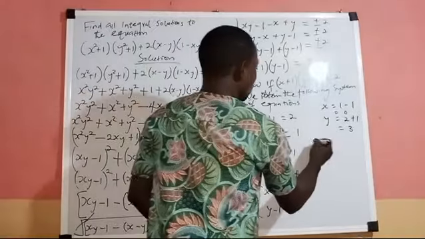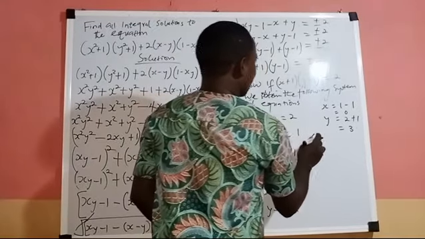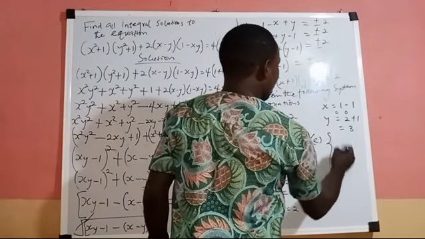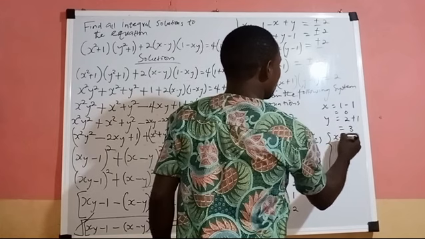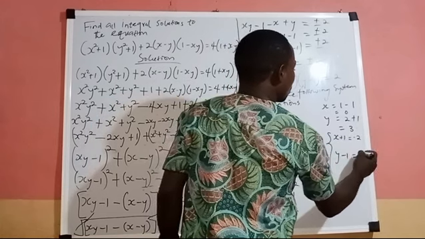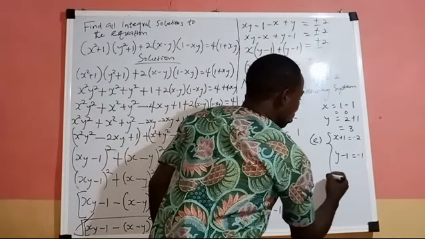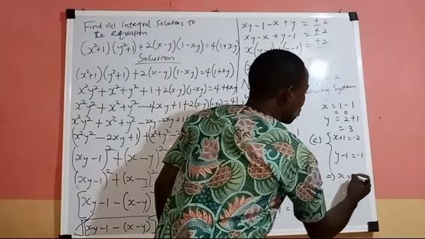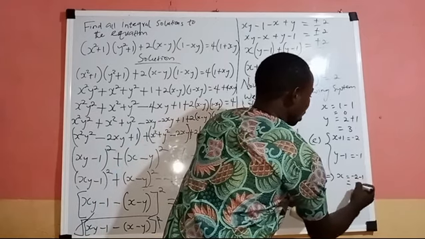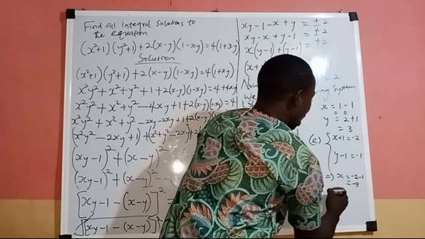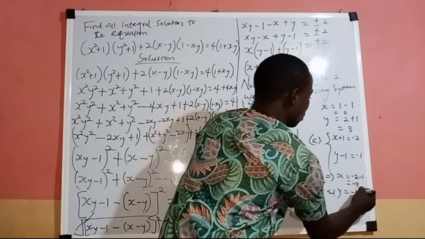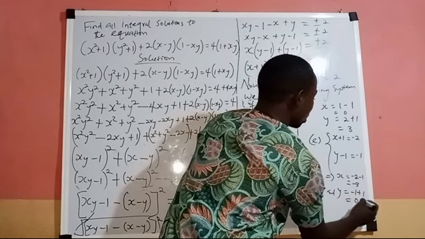And then of course we also have C, that if this happens, another system of equations we may have is that x plus 1 will be equal to minus 2, and then y minus 1 will be equal to minus 1. And if this happens, we have that our x is equal to minus 2 minus 1. That's going to give us minus 3. Okay, and then the y is equal to minus 1 plus 1, and that's going to give us 0.